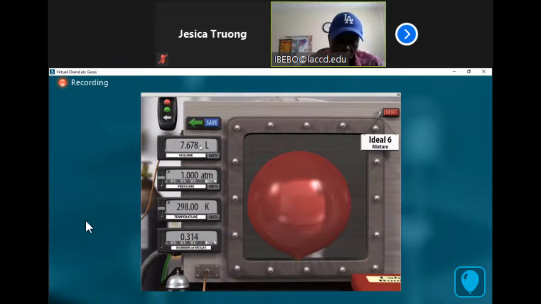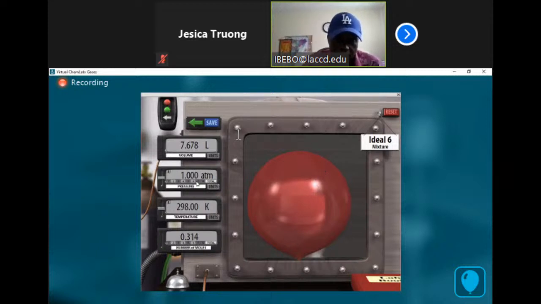Dial number 1 is liters, number 2 is atmosphere. If you press on the dial, the highlighted number 2, it will give you the amount of pressure that gas number 1 put in the balloon. If you press on 2 or number 4, it will give you the amount of pressure that gas number 4 added in the balloon.